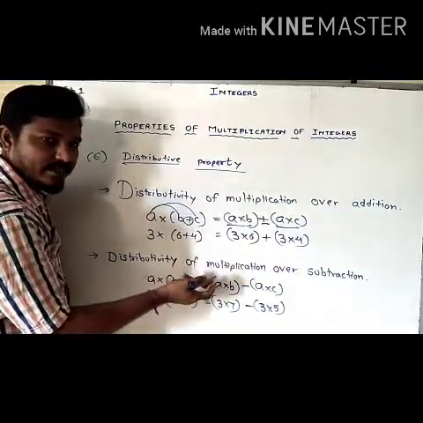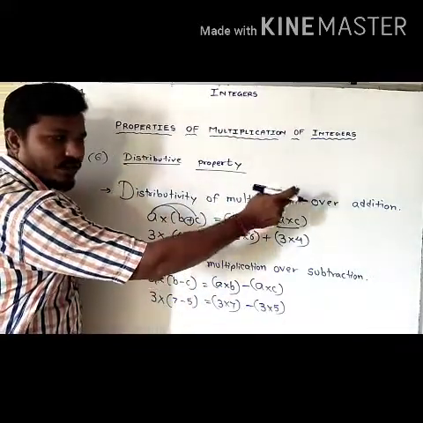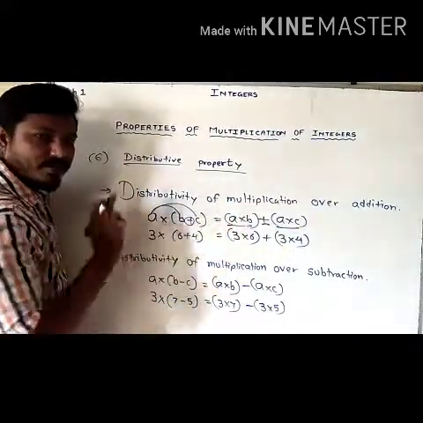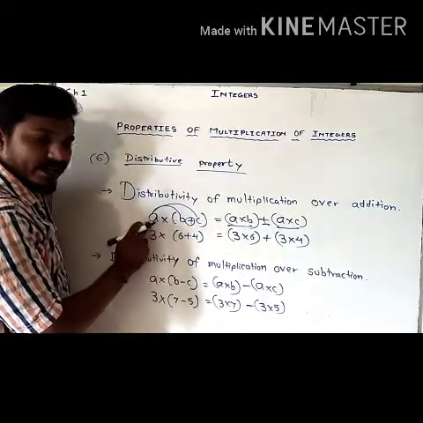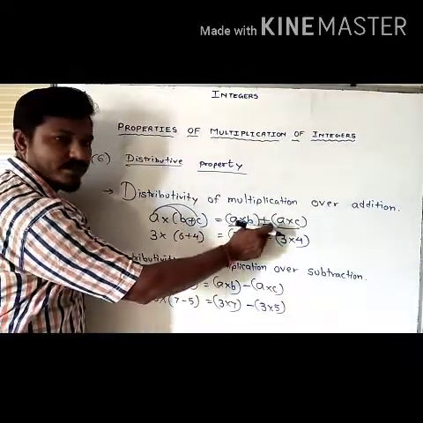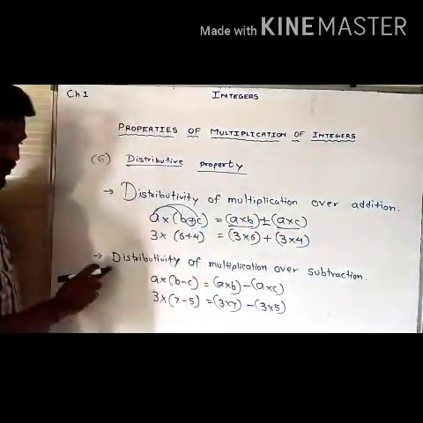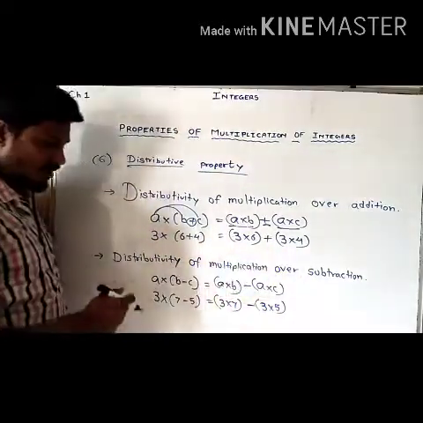Both sides 30. Means distributive property of multiplication over addition. This condition you have to remember. a into (b plus c) is always equal to a into b plus a into c.